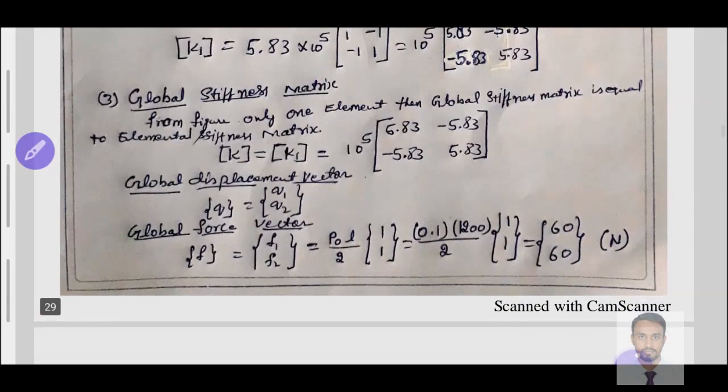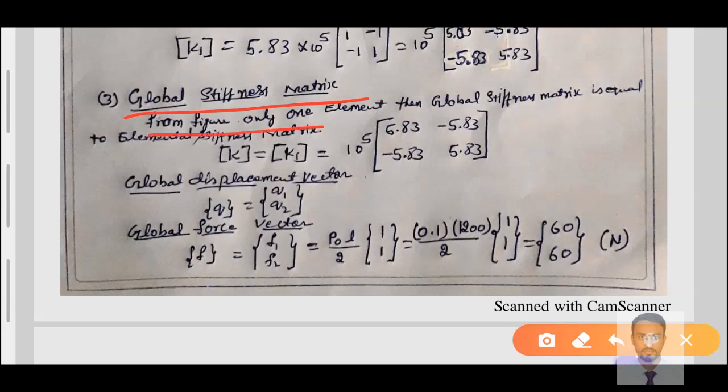We have only a single bar element, so the global stiffness matrix of the bar element is equal to the elemental stiffness matrix. From the figure there is only one element, so the global stiffness matrix is equal to the elemental stiffness matrix. We have K equals K1, and the same values are copied here.